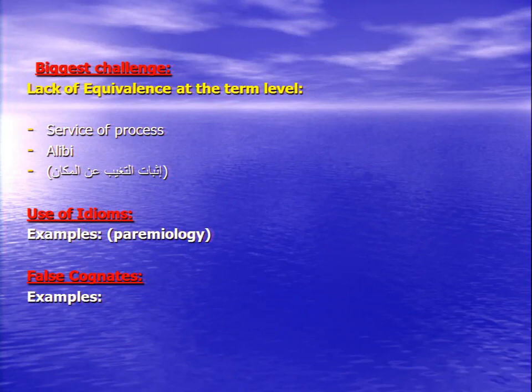All right. So the other challenge I faced is lack of equivalence of terms. There are some terms in the legal jargon that we couldn't come up with a word for. My example here is alibi. So this is the word we came up with in Arabic: إثبات التغيب عن المكان.